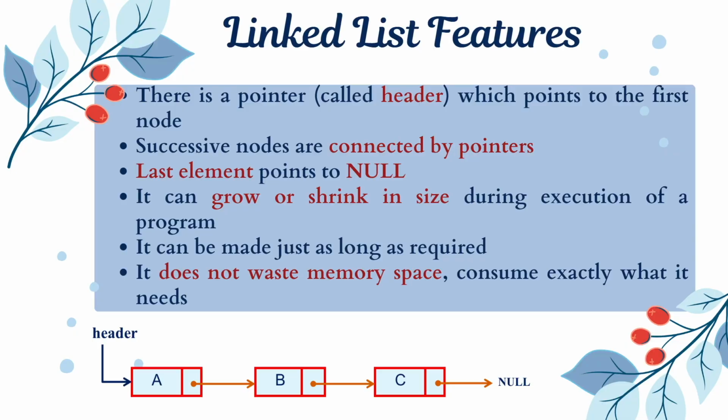So, we should keep track of the first element in that list with the help of a head or header pointer. And in order to create a chain of elements, successive nodes have to be linked or connected by means of pointers. And in order to mark the end of the linked list, we assign a value of null to the last element in that list.